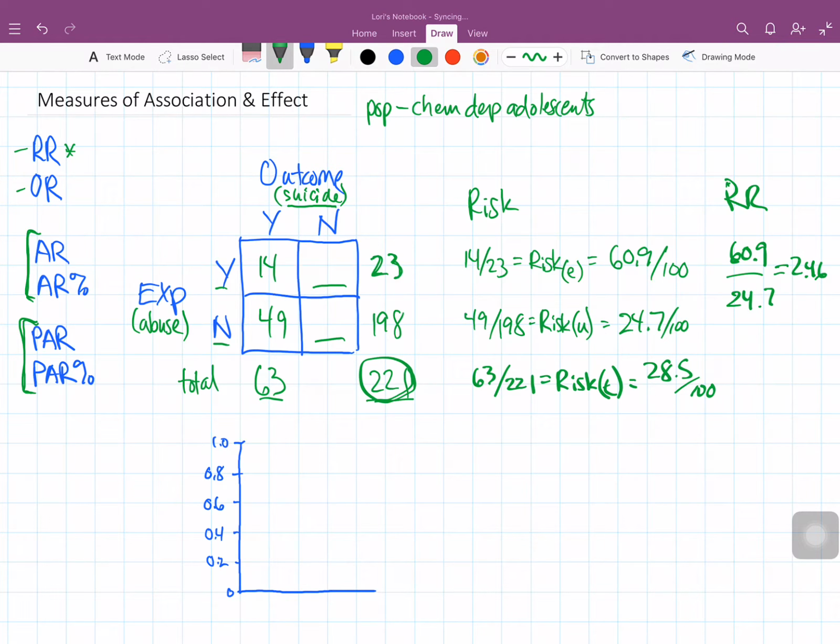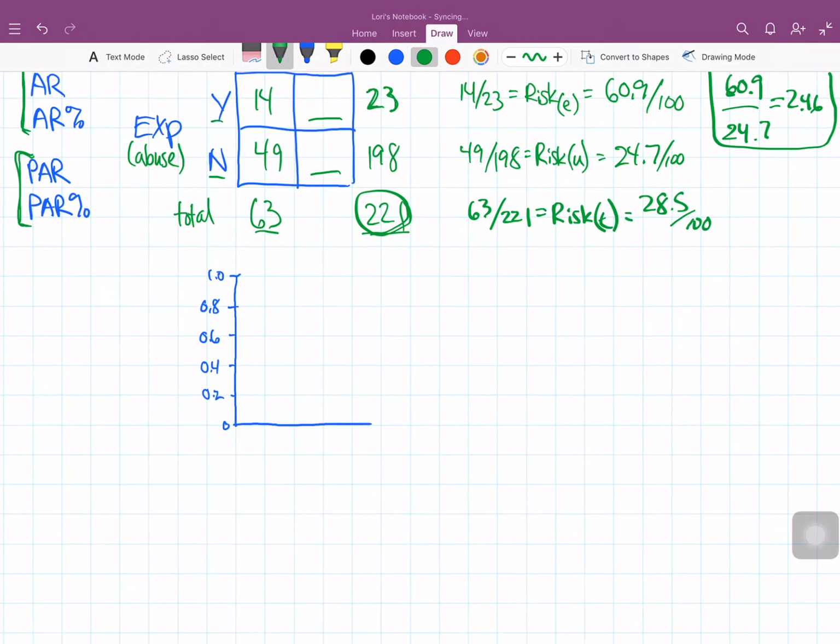So I already did a quick reminder of relative risk, and what I'd like to do is to draw that relative risk for you really quickly here on a graph so that we can be on the same page with this.